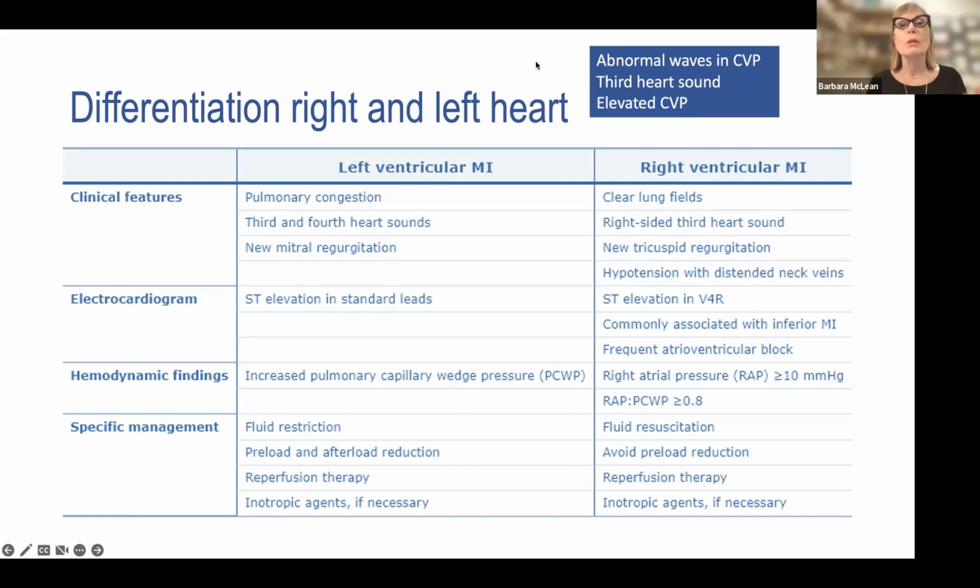The right ventricle was never designed to accept a fair amount of stress. It does not manage stress very well. And so what you often will see is ventricular dilation and a new onset tricuspid regurgitation.